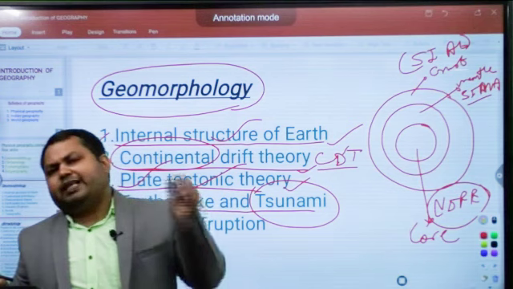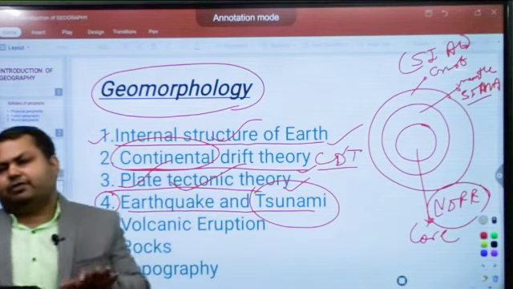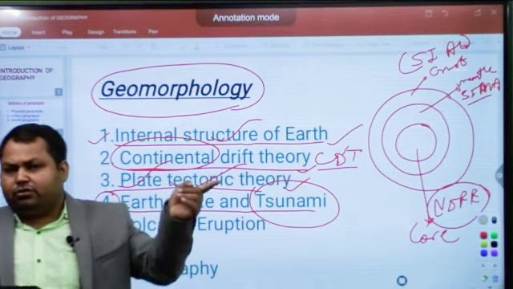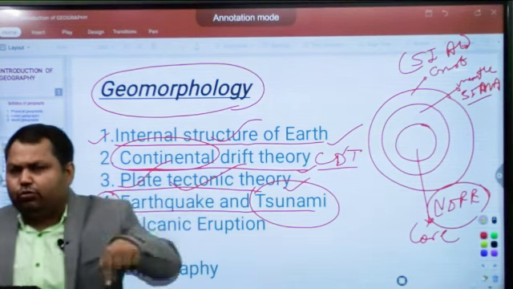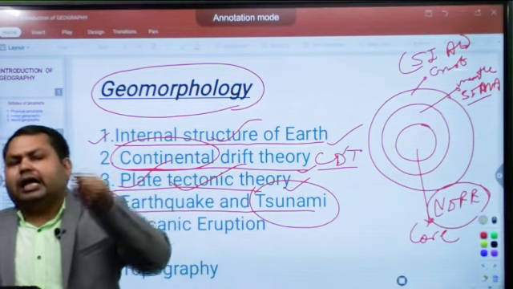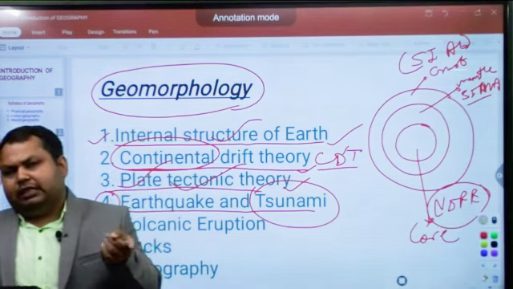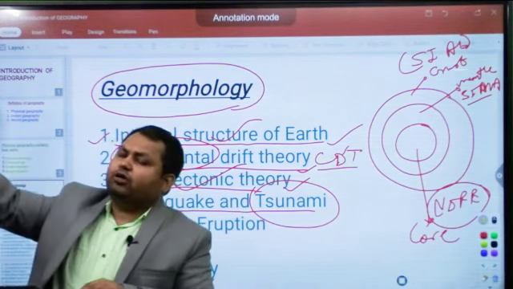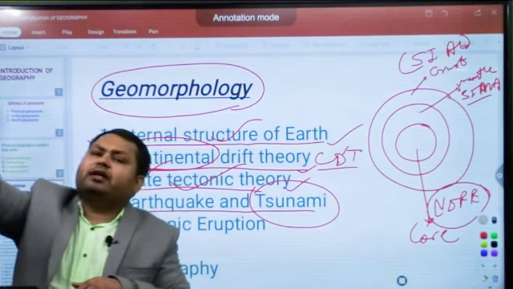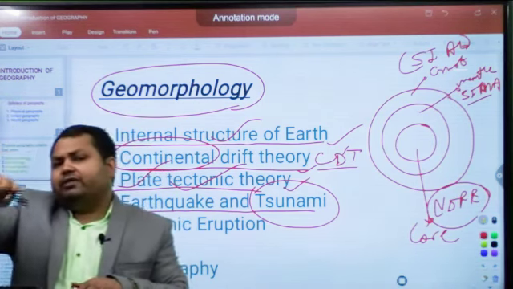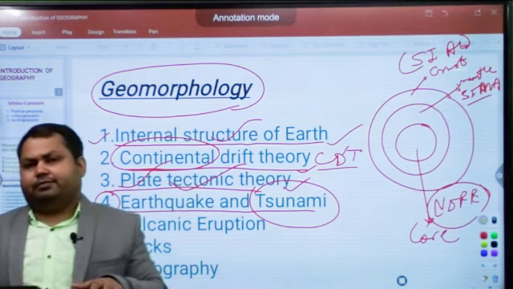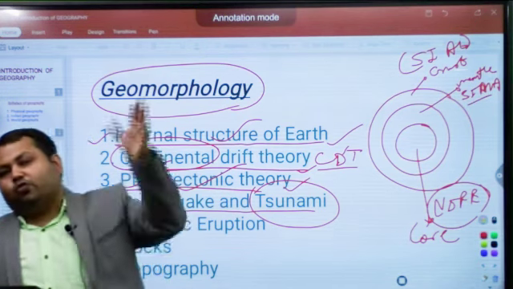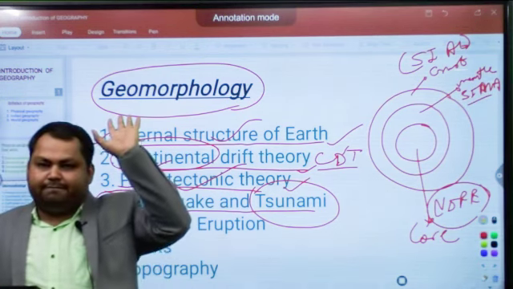Tsunami is specific sea waves coming towards the coast, originating due to a high magnitude earthquake in deep oceans. So, if a high intensity earthquake occurs in deep oceans, the waves originating and moving towards the coast are called tsunami.